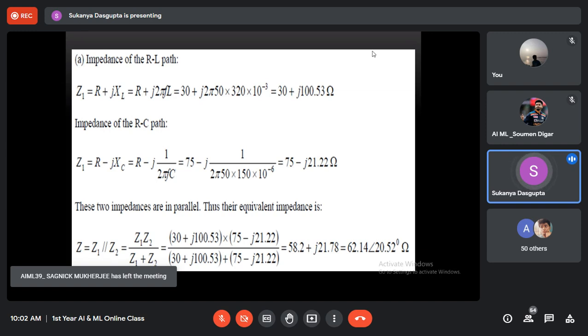So the overall equivalent impedance is 58.2 plus j21.78 ohm, or in polar form it is 62.14 angle 20.52 degree ohm.